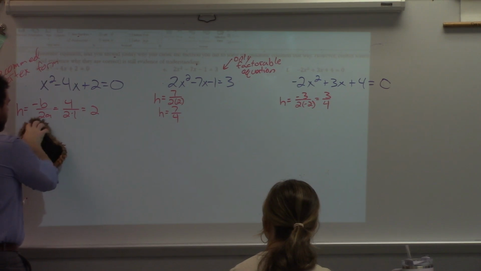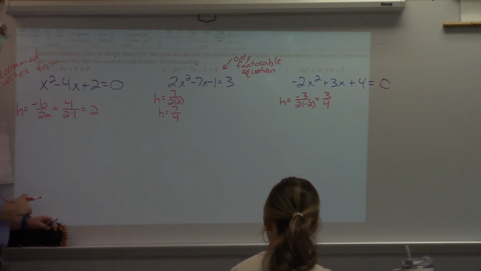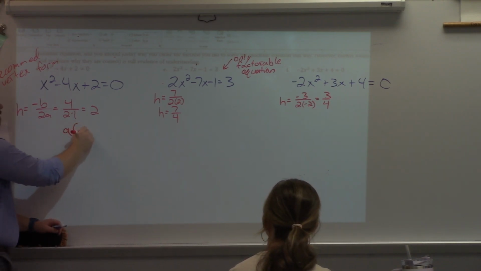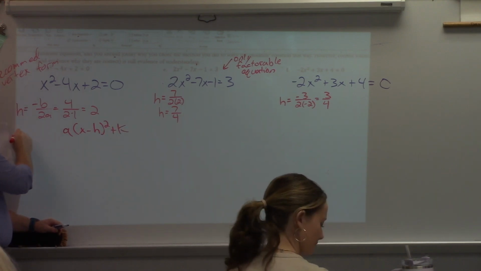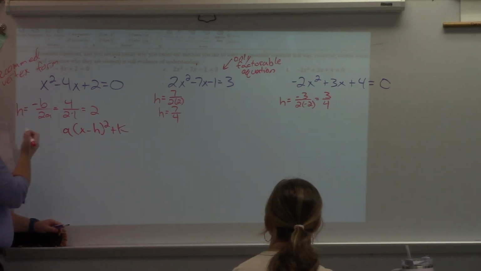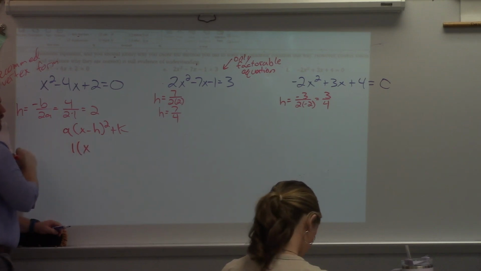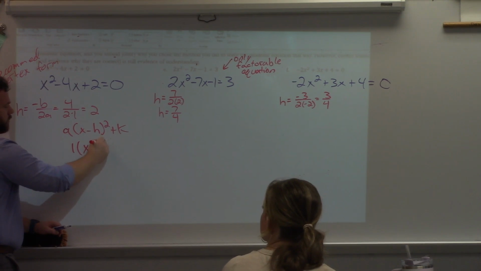But vertex form, man, that's a nice pretty number. It's an integer. It's going to make my life easy. What do I still need for this vertex form though? I still need K. And, well, I have A. A is 1, right? So I already have the 1. I don't really need that there. X and what? Minus 2 squared.